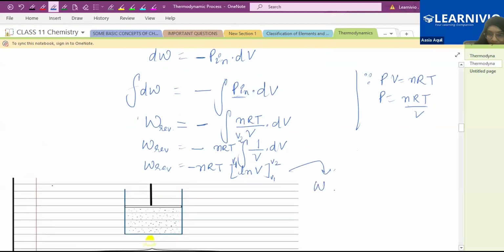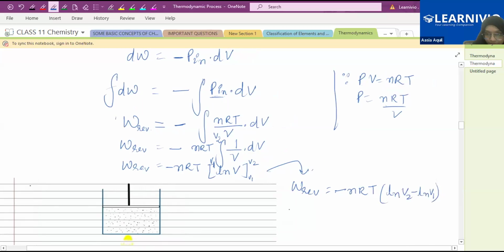So W reversible will be equal to, now substitute the values, minus nRT into ln V2 minus ln V1, final minus initial.